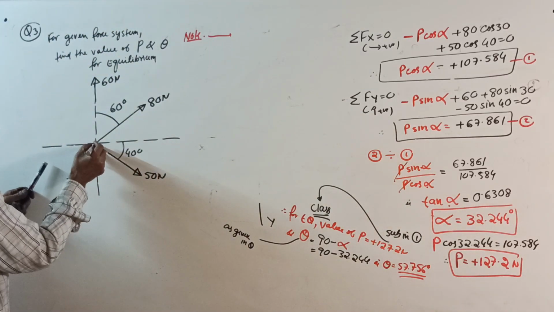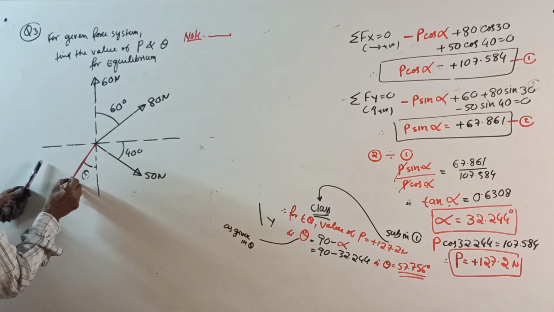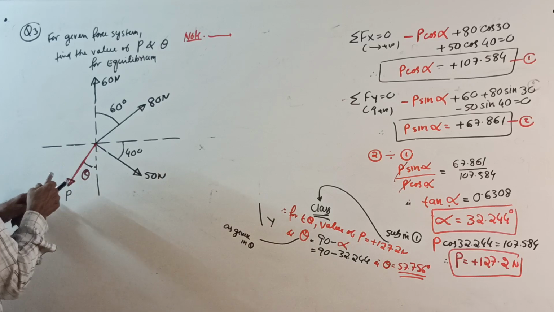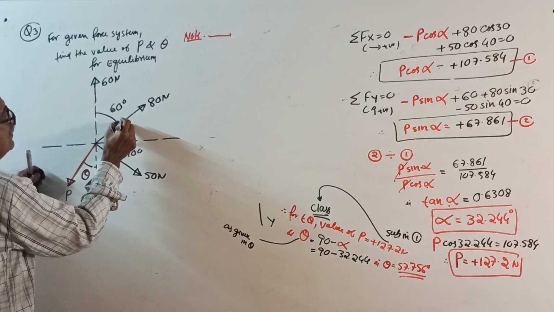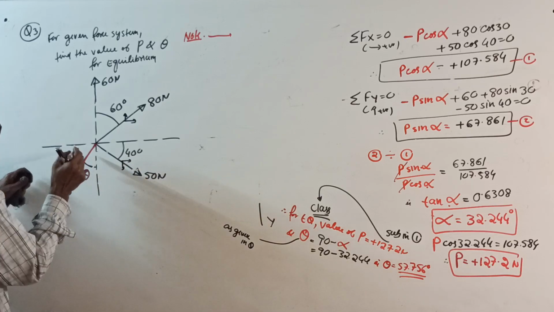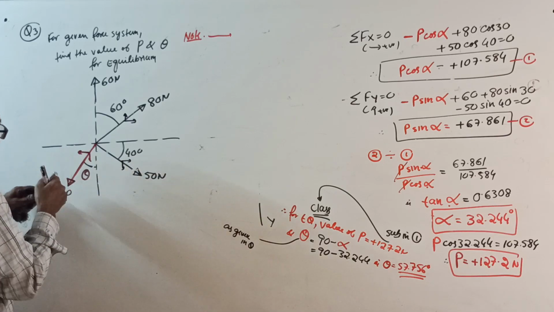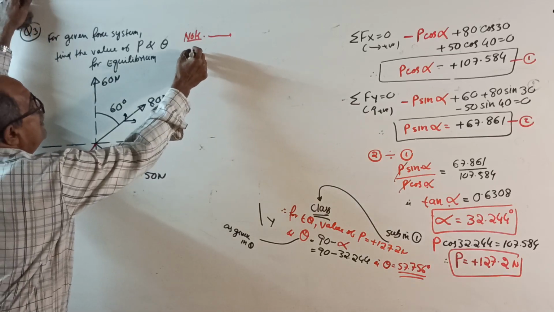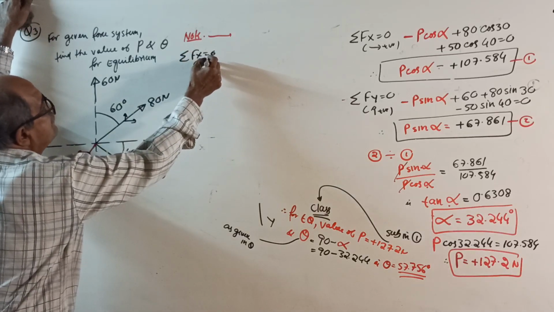See, this is red color I will use now. This will be red P and theta. I will take theta only. See now. Resolution. Just a note for those who want. Sigma fx equal to 0, right side positive.